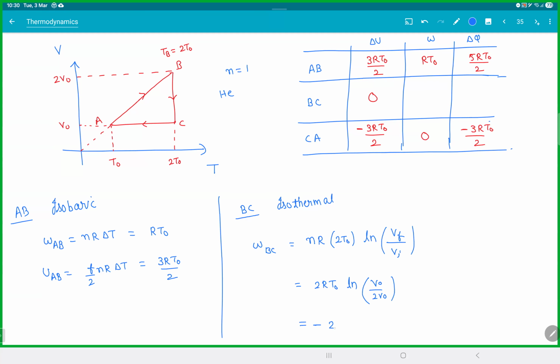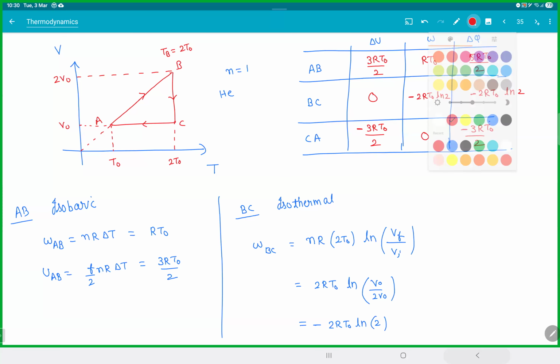That comes out to be minus 2RT naught ln 2. You get a negative there. So this is minus 2RT naught ln 2. And delta Q will also be minus 2RT naught ln 2.